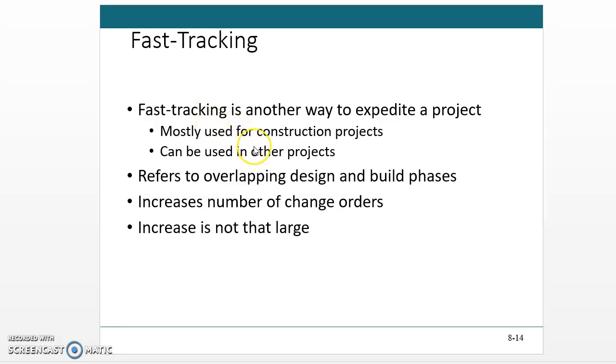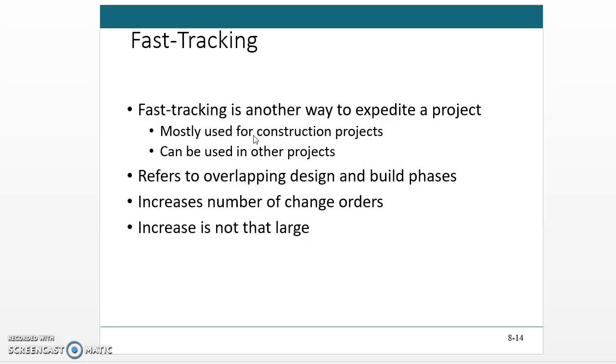For example, the design and construction activities in construction projects may be overlapped, so you don't need to wait for the design activity to fully complete before you start the construction. When a certain amount of design has been completed, the construction or the next activities can be started.